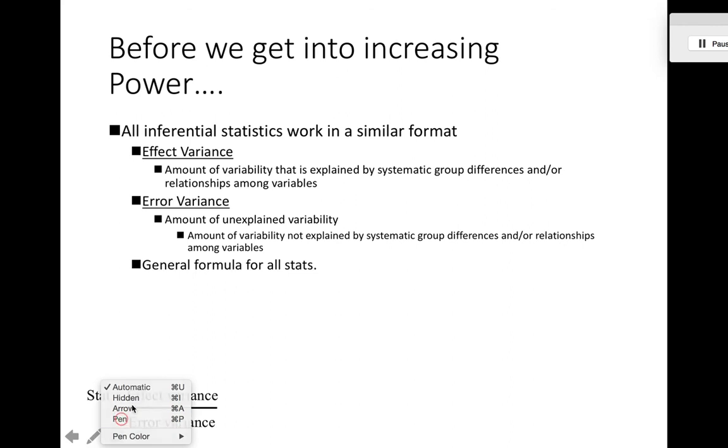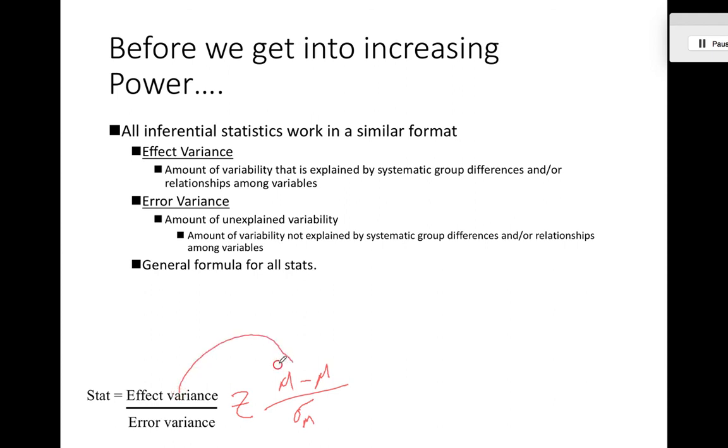Even in our current example with our z-score, remember that with z, we were talking about the difference between my mean and the population average divided by standard error, right? Look at the difference between these two values: my mean, my manipulation, my control, and the population mean. So in other words, differences between my scores that are due to my manipulation or control: effect variance. Denominator, error variance.